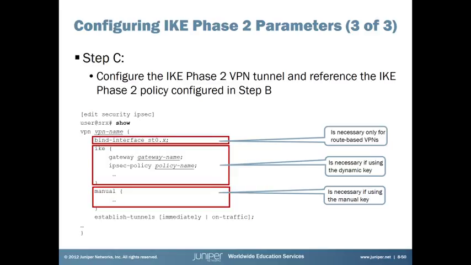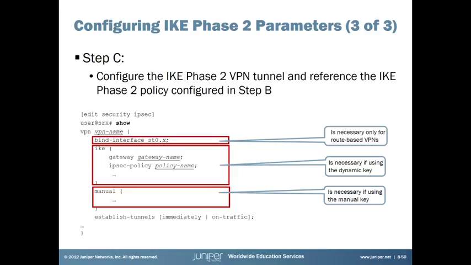Okay, we then reference the IKE gateway name and the policy name. If you're using manual keys, you'd use that, but you probably aren't. You're probably using IKE. And then you can decide, am I going to establish tunnels immediately, or do I establish the tunnel when I've got traffic for the tunnel?